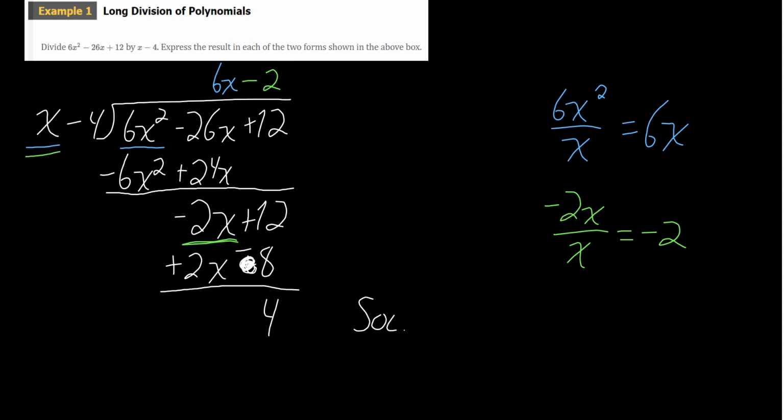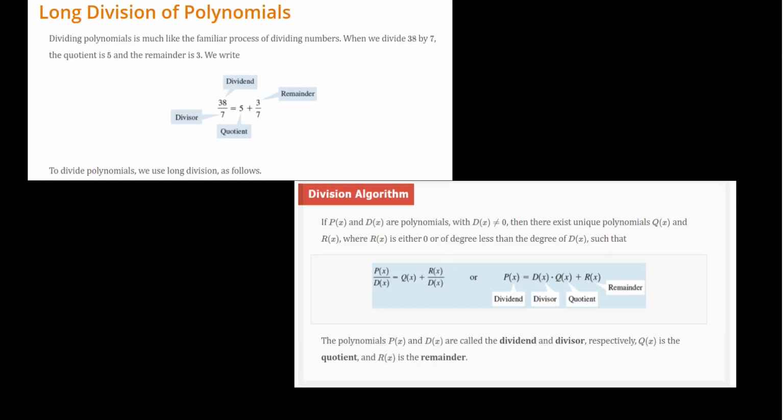So 6x minus 2, the quotient, plus the remainder, so plus my remainder, which is 4, over my divisor, which is x minus 4. Okay, and that's my solution. The problem is wanting us to put it in the two forms shown in the above box. So it's wanting us to put it, and we just did it in this form.